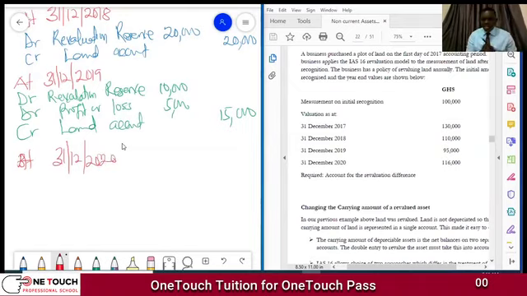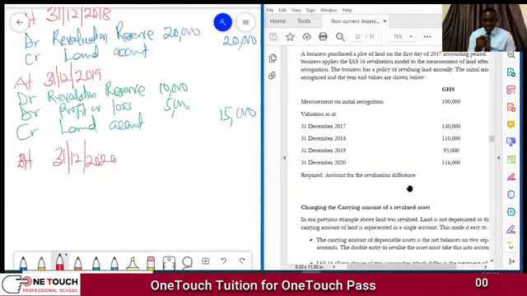As at the end of 31st December 2020, the valuation is 116, from 95,000 to 116. 116 minus 95 results in a gain of 21,000.